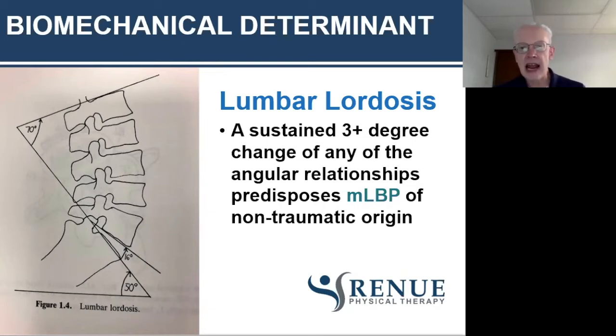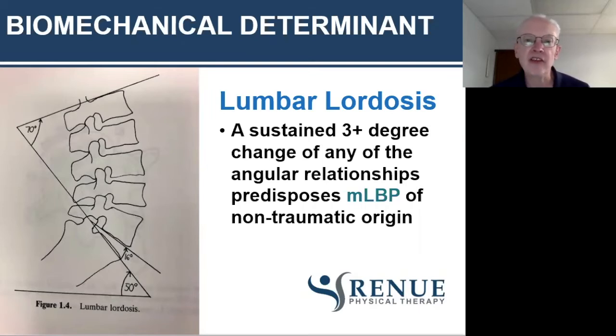There are 3 angular relationships here that define a normal lumbar lordosis. If these 3 angular relationships are present without any change beyond 3 degrees, you're going to have a normal lumbar spine, normal mechanics, and normal tissue structures, and you're going to be pain-free, at least from mechanical low back pain.